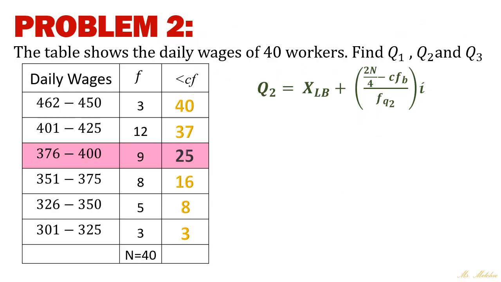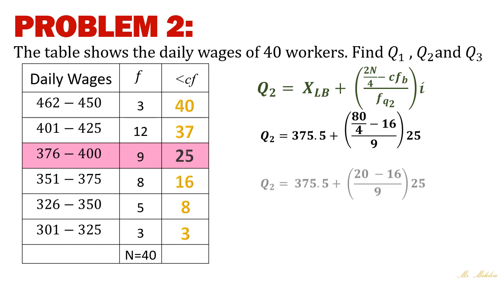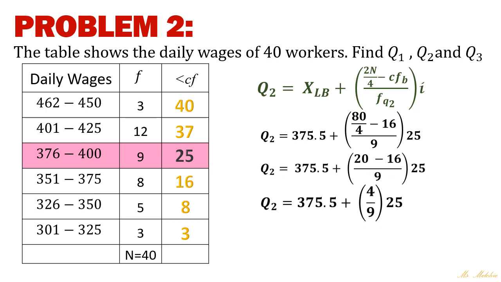Okay, next, let's find out the quartile 2. In the same manner, I highlighted our Q2 class. You need to take note of that always. After that, you gather the necessary data for our formula and substitute in the formula. Then you apply the PEMDAS properly and simplify properly.